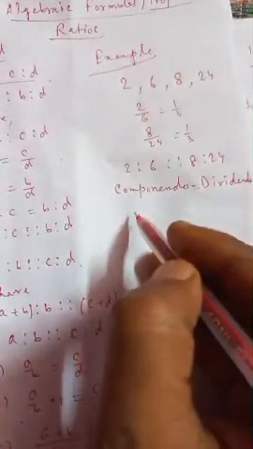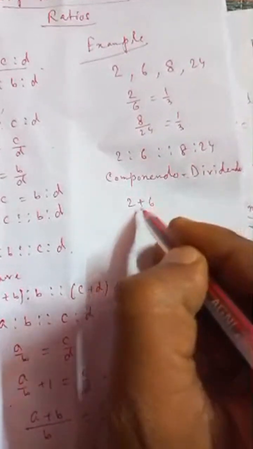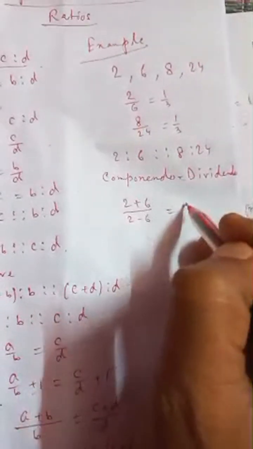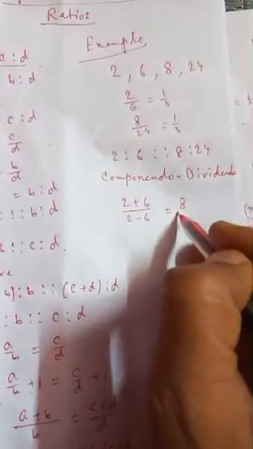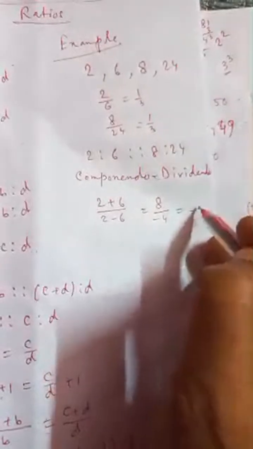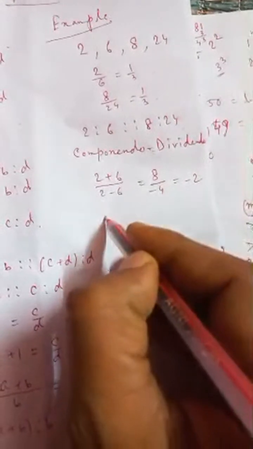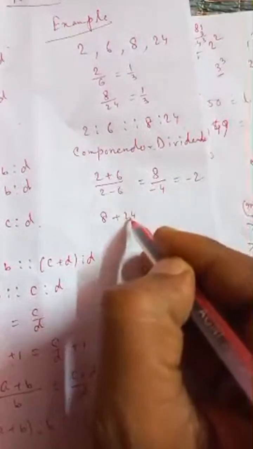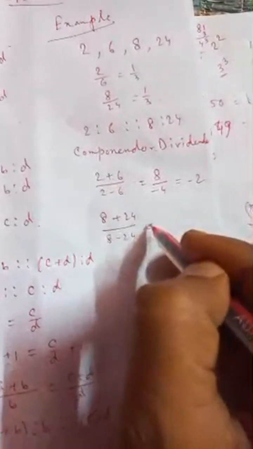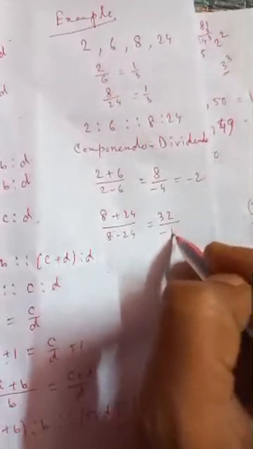you can write down that 2 plus 6 by 2 minus 6 is equal to 8 by minus 4. This is equal to minus 2. And on the right hand side, 8 plus 24 by 8 minus 24 is equal to 32 by minus 16.